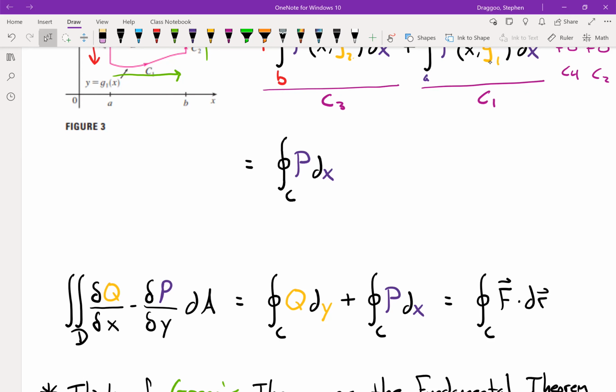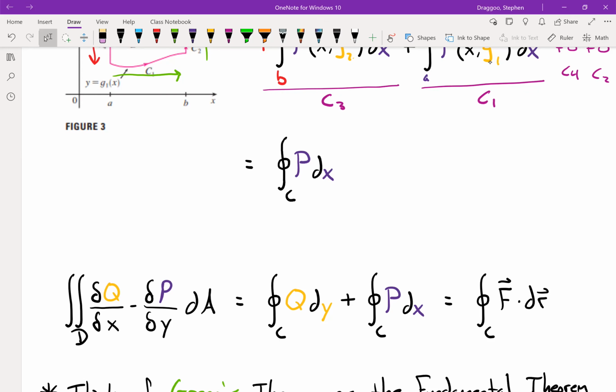And if we just recombine from that scalar form back out into the vector form, we end up with the simpler statement of the line integral of F dot dr. Again, assuming that r is that nice parameterization where the x component is x of t and the y component is y of t. Yay, Green's theorem. Isn't it so much fun?